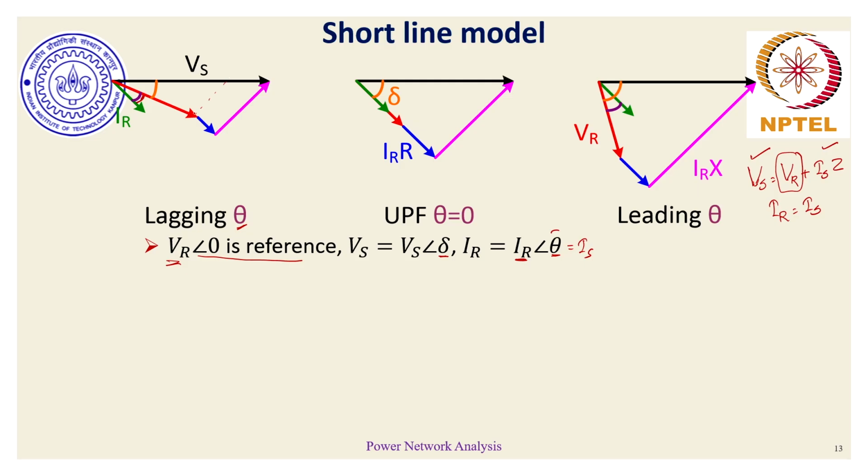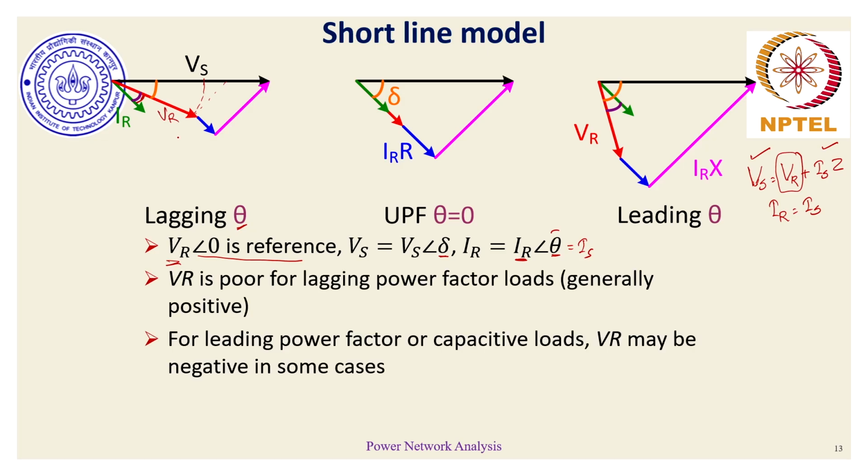That's what the comparison of this property means. So this is VR, the red line. The blue line is the voltage drop across the resistance. The purple line is the voltage drop across the line reactance. So in terms of magnitude, VR is typically less than the sending end voltage magnitude, and the regulation will usually remain positive for a lagging power factor load.